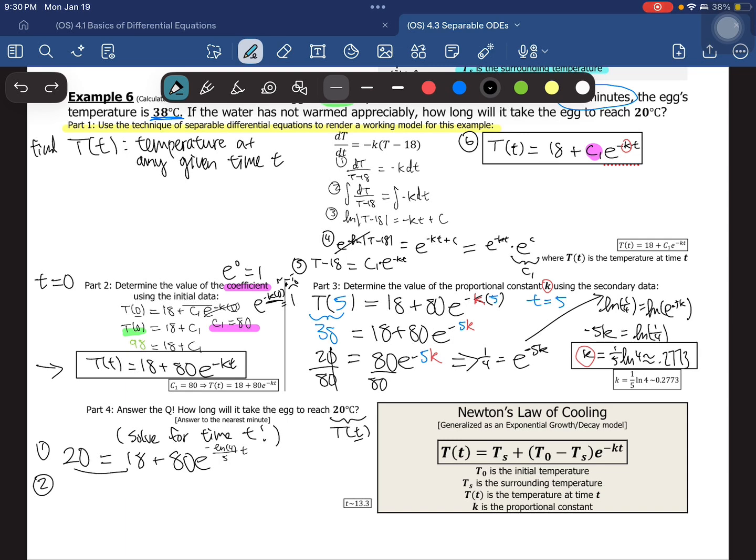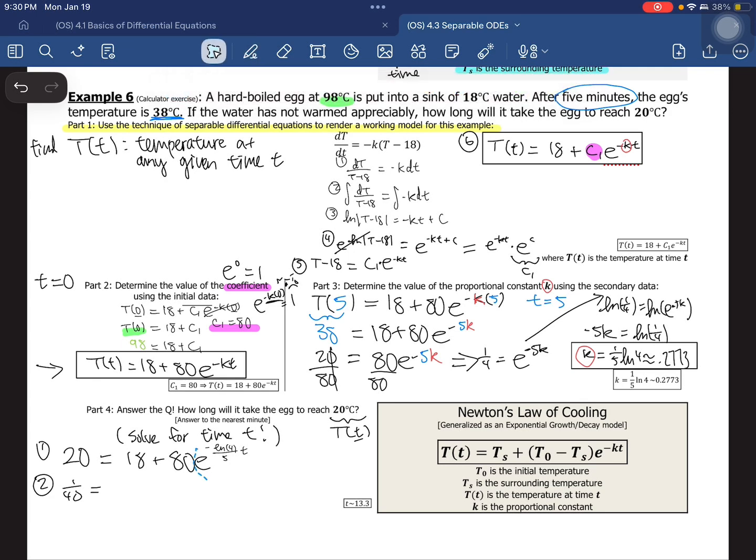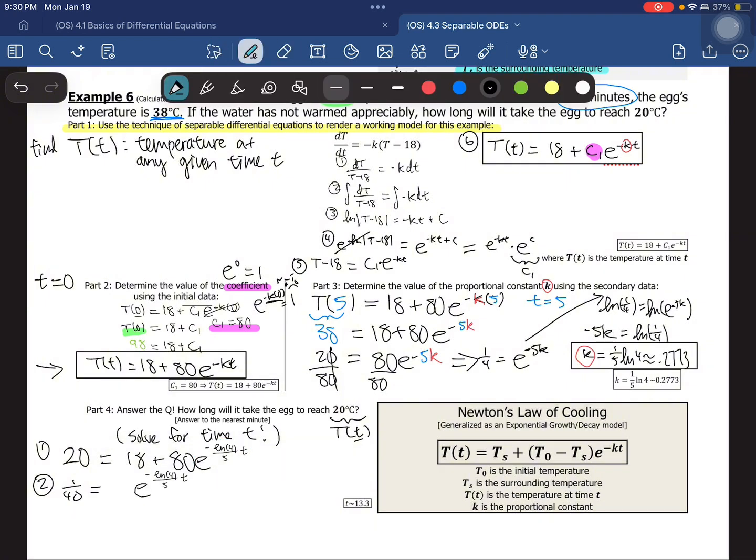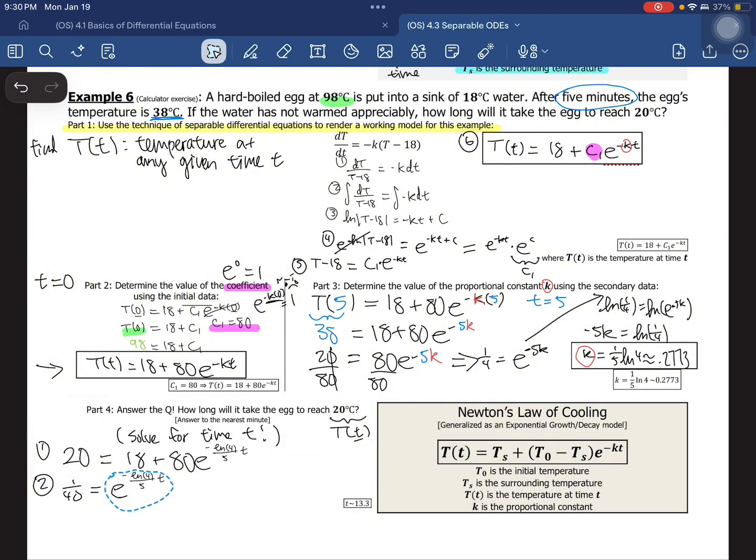Now if we move the 18 over, you get 20 minus 18 equals 2. Divide both sides by 80. 2 over 80 is the same as 1 over 40. And that equals, I am lazy and I'm just going to copy this. Much better.